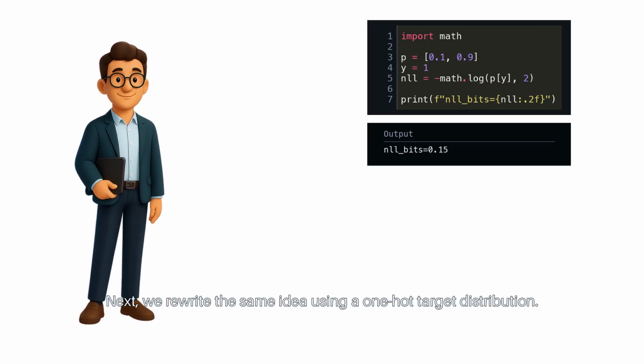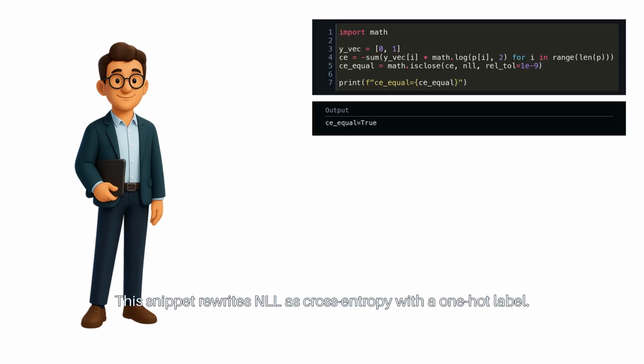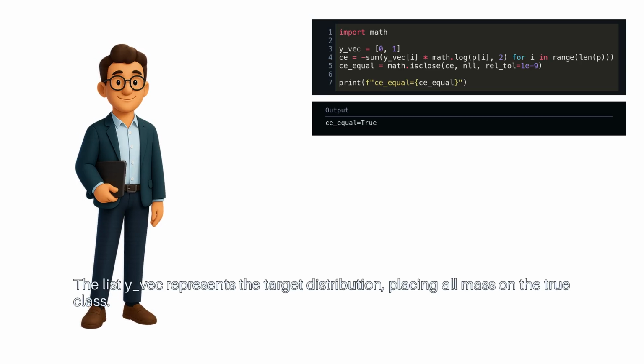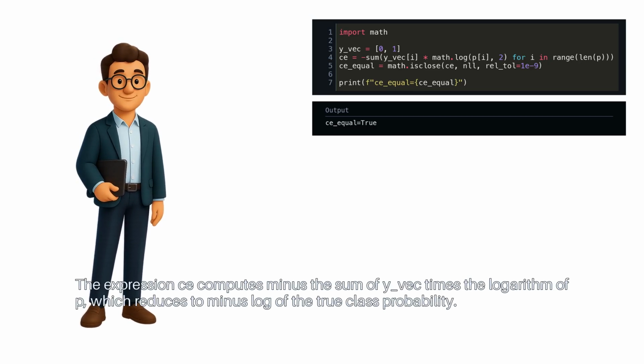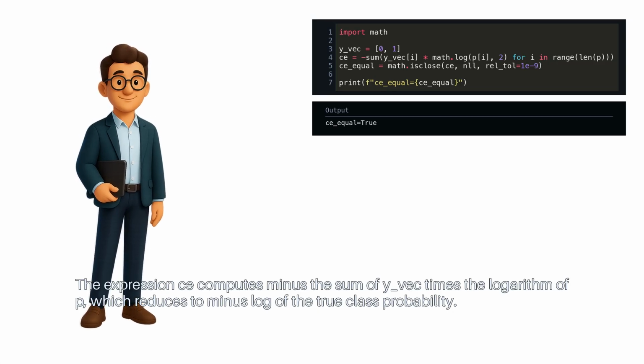Next, we rewrite the same idea using a one-hot target distribution. This snippet rewrites NLL as cross-entropy with a one-hot label. The list YVEC represents the target distribution, placing all mass on the true class. The expression CE computes minus the sum of YVEC times the logarithm of P, which reduces to minus log of the true class probability.